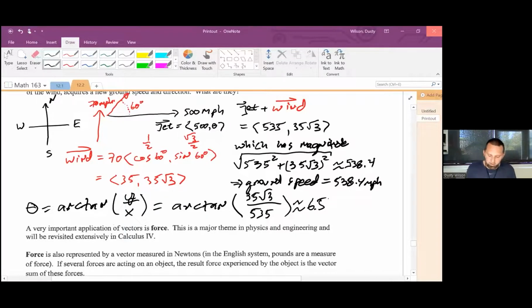Which would be 6.5 degrees north of east.